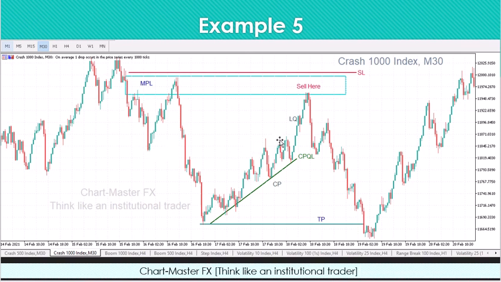So where the price makes a correction to the downside before making an impulse move to the upside, and we see that that's what happened here. The price was able to break this finally, and the price went with heavy momentum to the upside to the MPL area, and definitely the price dropped.